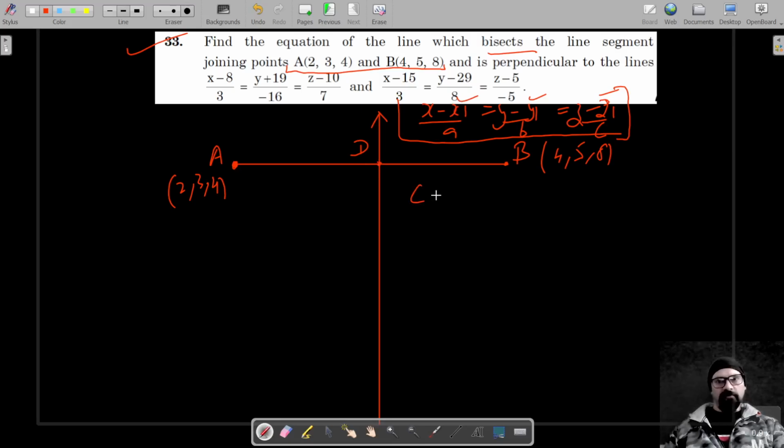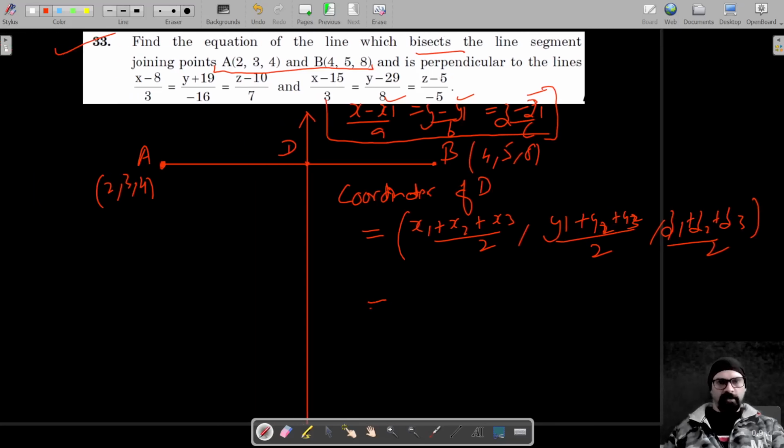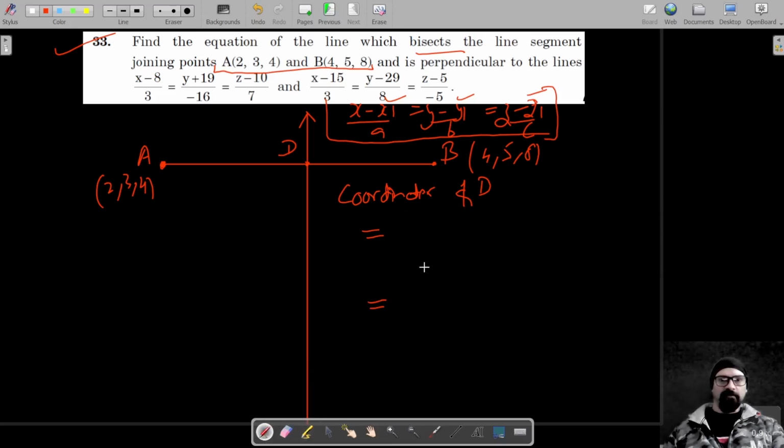The coordinates of D, the midpoint of AB, would be (x1 plus x2) divided by 2, (y1 plus y2) divided by 2, and (z1 plus z2) divided by 2.